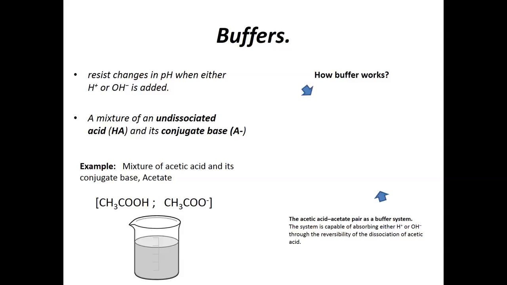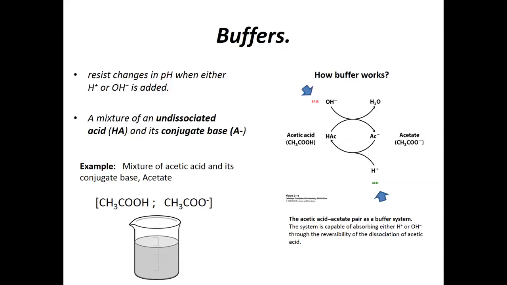One example is a buffer. You probably heard of a buffer, but it is a very simple concept. A buffer is nothing but a mixture of an acid and its conjugate base. Okay, you take an acid, an equal amount of acid and its conjugate base, you mix it, you have a buffer. And this mixture will resist pH changes. Basically, by doing what? When you add a base, the pH will try to change, right?